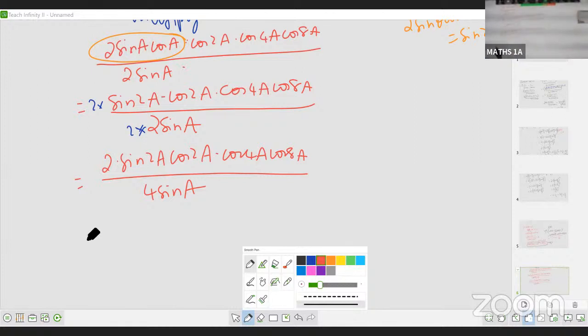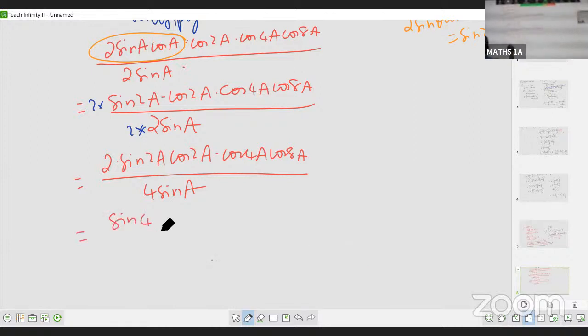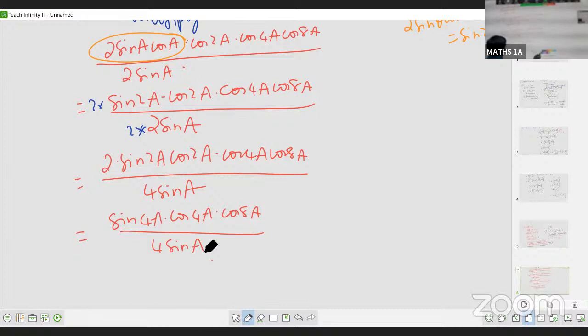Now this becomes what again? Sine 4A into cos 4A into cos 8A. It is divided by 4 sine A. Again you multiply and divide with 2 into 2. So this becomes what? Sine 8A. Already cos 8A is there.